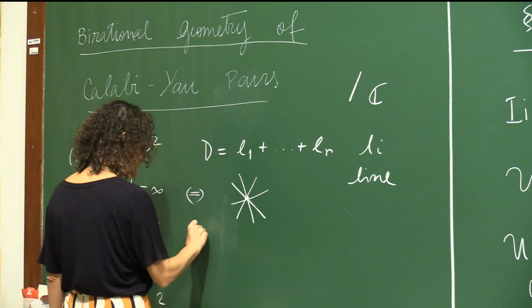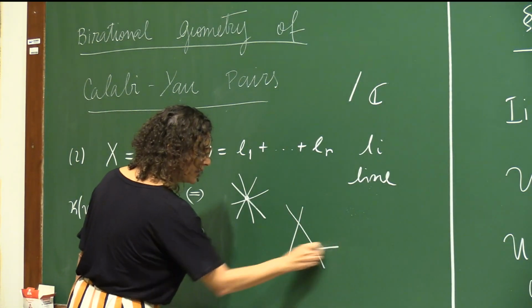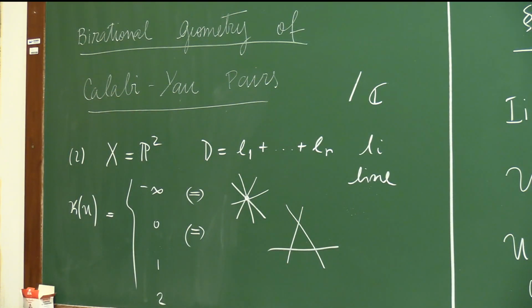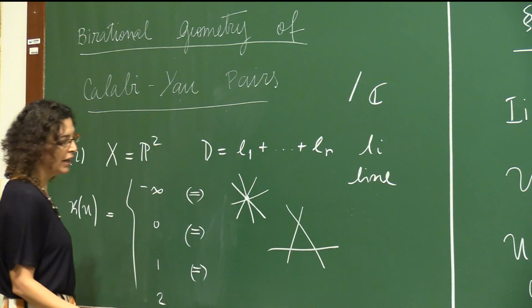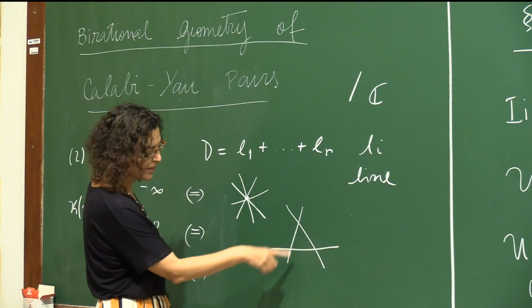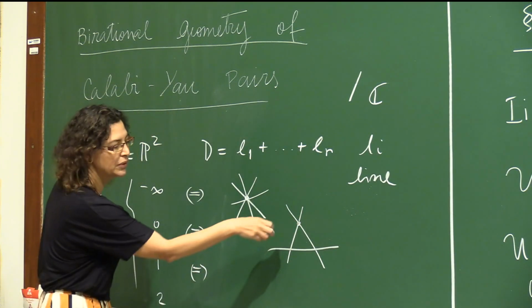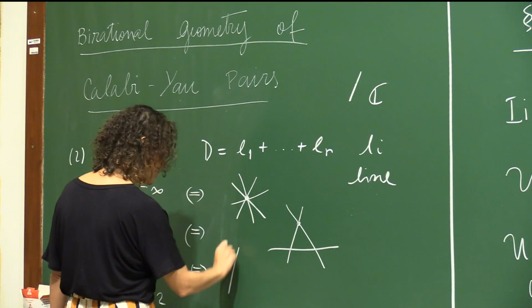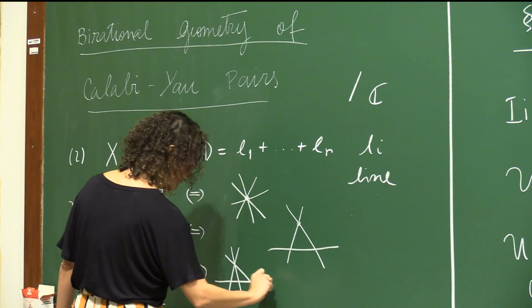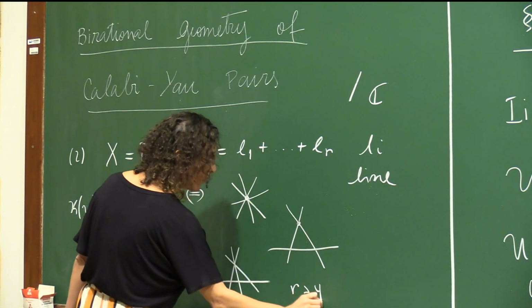And then it will be 0 exactly when we have this configuration of lines. And it will be 1 if we start with this configuration and then we add more lines passing through this intersection point. Here we need to have at least 4 components, so R is at least 4.